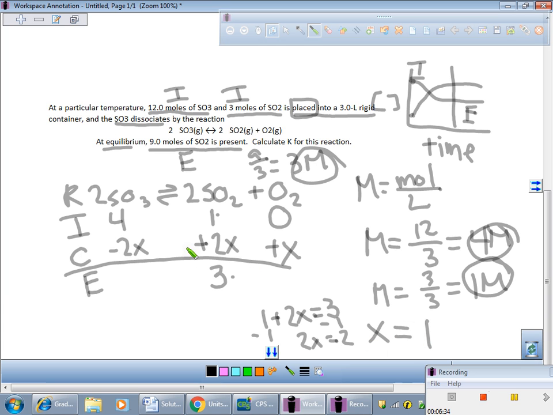We know our change. Our X is 1, so we can replace 1 for X in our RICE table. So 4 minus 2 times 1, 2. 0 plus 1, 1. We now have all 3 equilibrium concentrations so that we can solve for K.